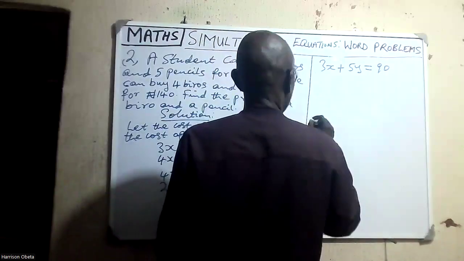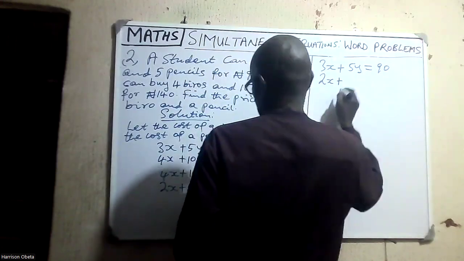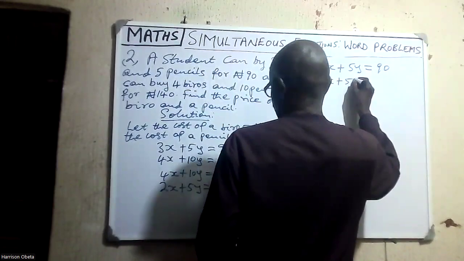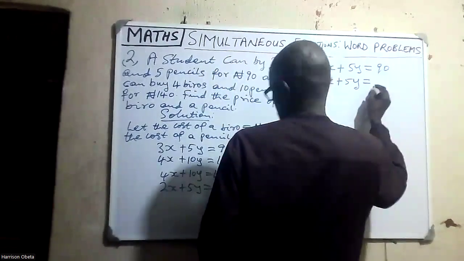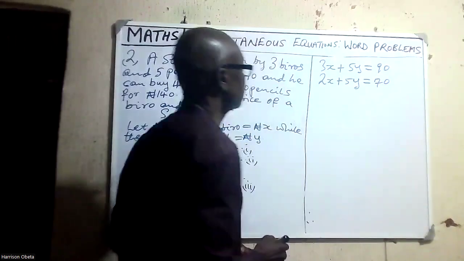Then from equation 3, 2x plus 5y is equal to 70.